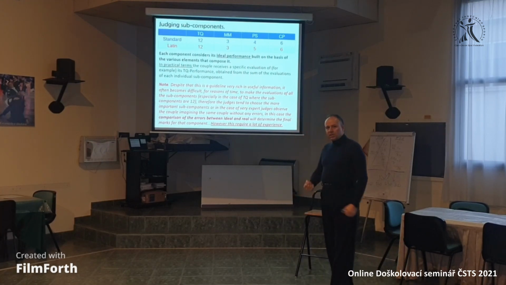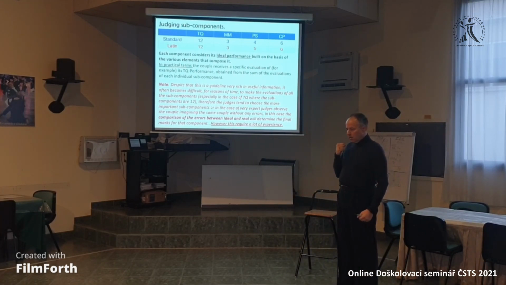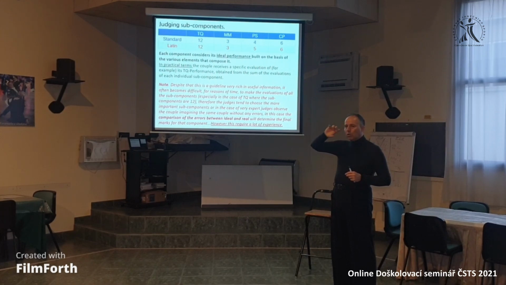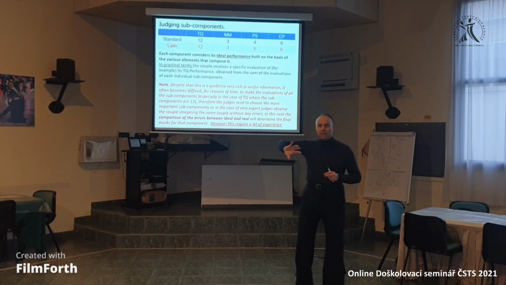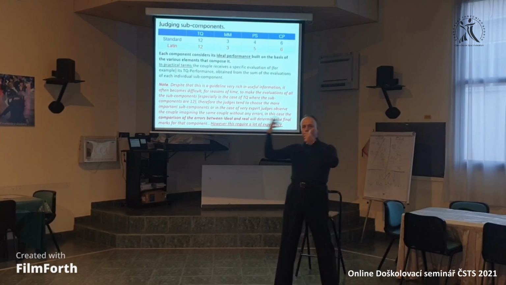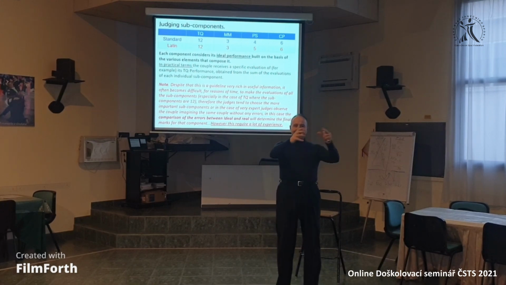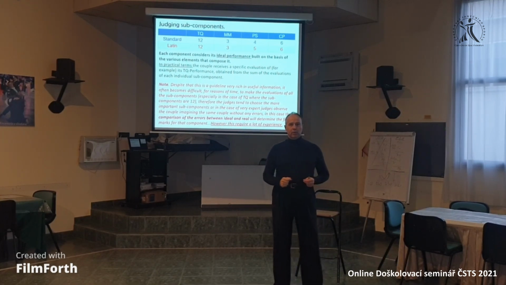Or, if the judge is very, very expert, he has these components already in mind, easy, and he has in his mind already the ideal couple, the ideal performance. So he has the ideal performance in his mind, created by these subcomponents. And he compares this ideal couple, like I said before, with the real one that is on the floor.